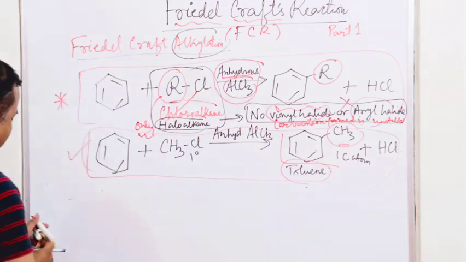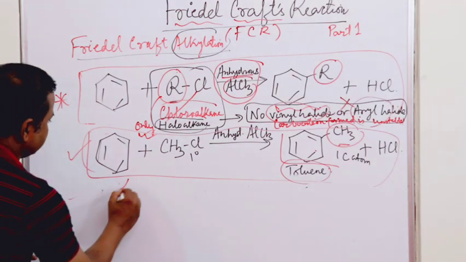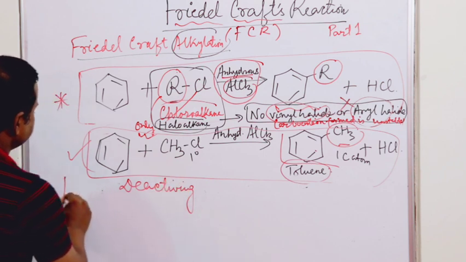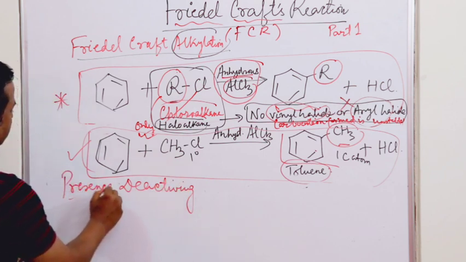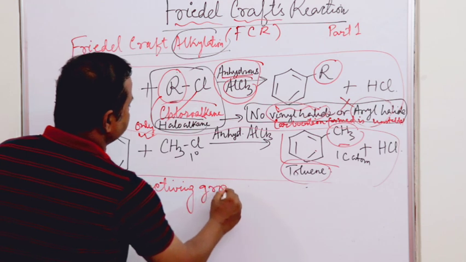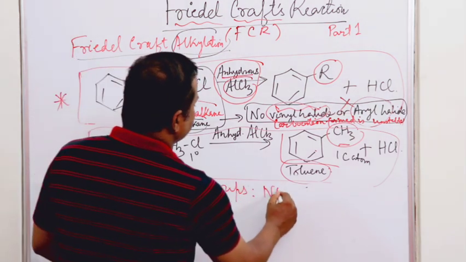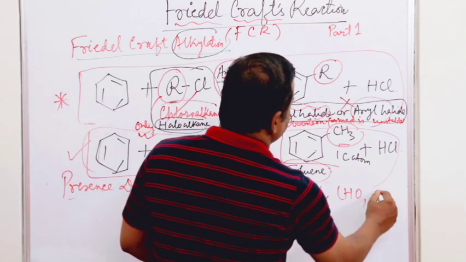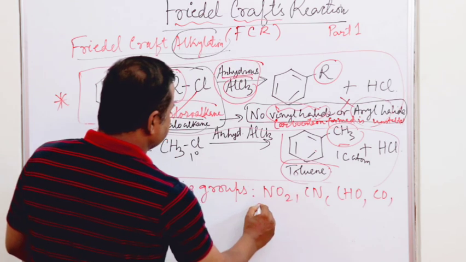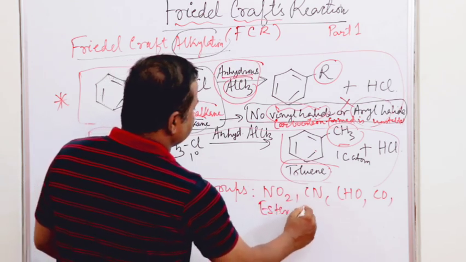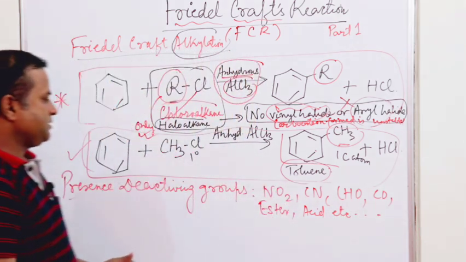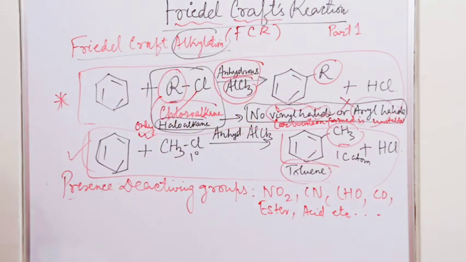if there are certain deactivating groups present, like NO2, cyanide, aldehyde, ketone, then ester, then acid, carboxylic acid, etc. In the presence of such deactivating groups, this reaction will fail.